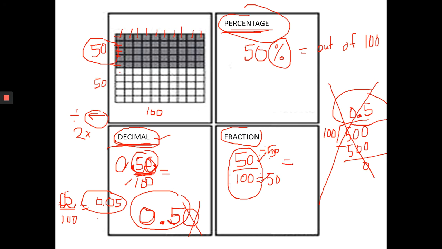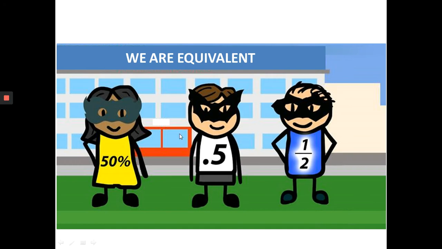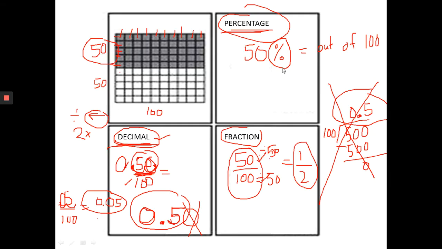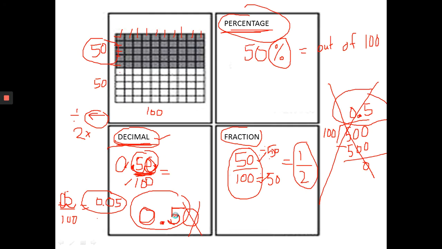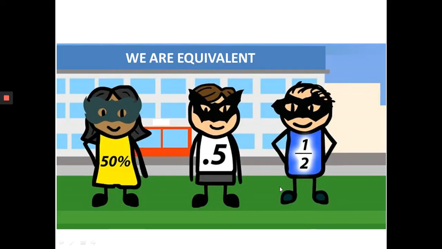Now we get 50 divided by 50 is 1, and 100 divided by 50 is 2. Now we got 1/2. So that is why the 50% we got here is equal to 0.5, which is what we got in decimal, and is also equal to 1/2.